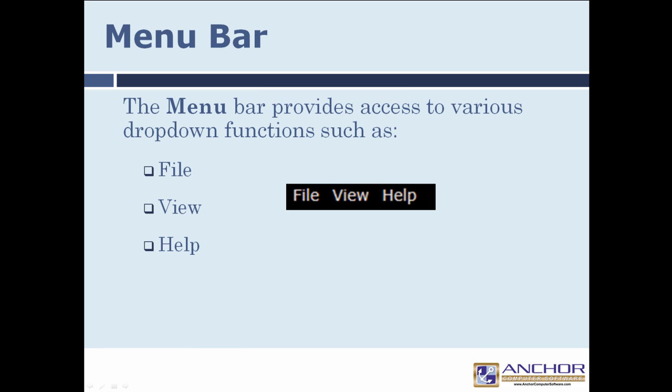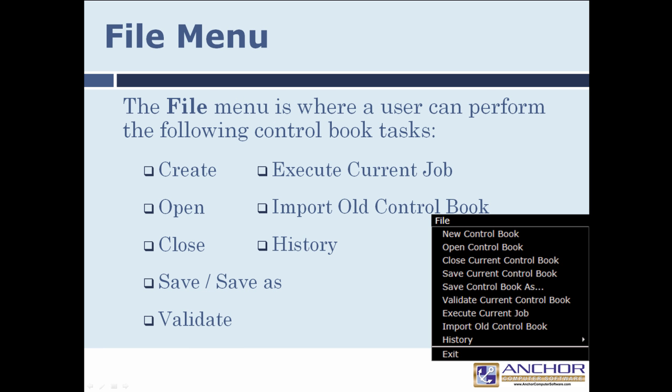Menu bar. The menu bar provides access to various drop-down functions such as File, View, and Help. File menu. The File menu is where the user can perform the following control book tasks, such as creating new control books, opening existing control books, close existing control books, save the current control book, validate the control book, which is a new option.